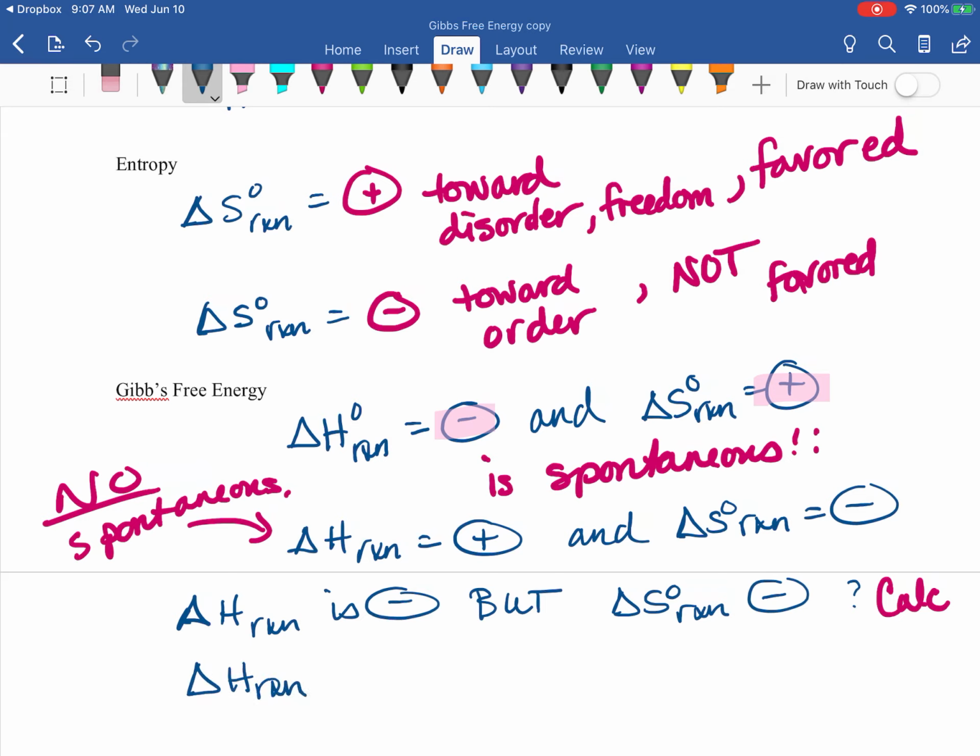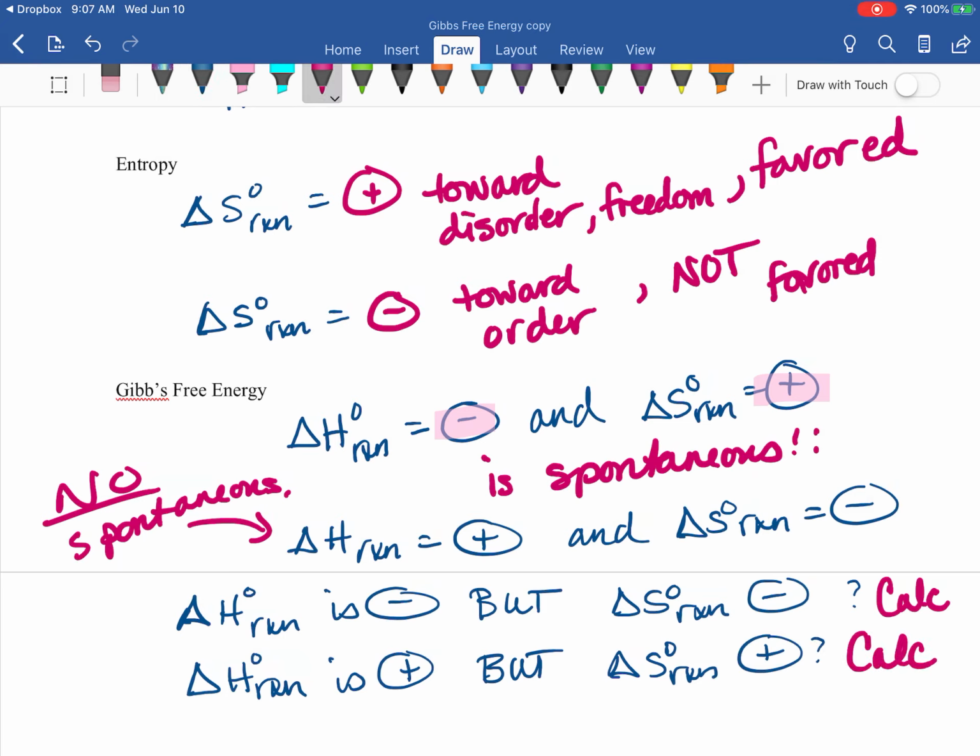What if your delta H, or your enthalpy of your reaction, this time is endothermic, but your entropy is also a plus? So in other words, one is favored and one isn't favored. Well, now we're going to have to calculate.